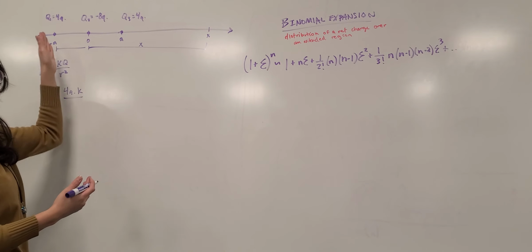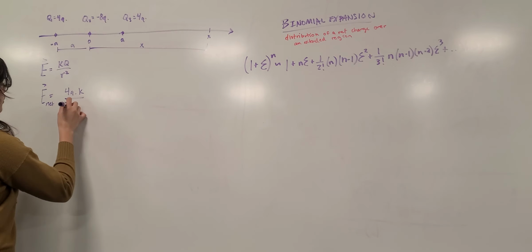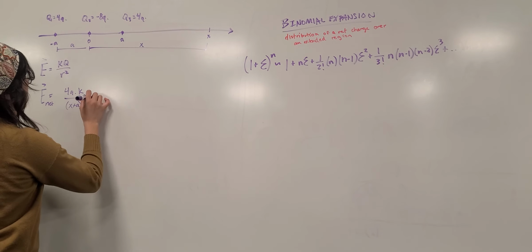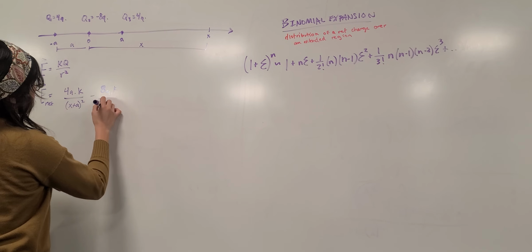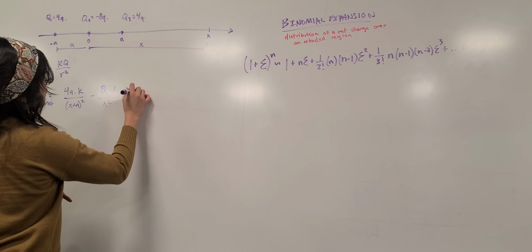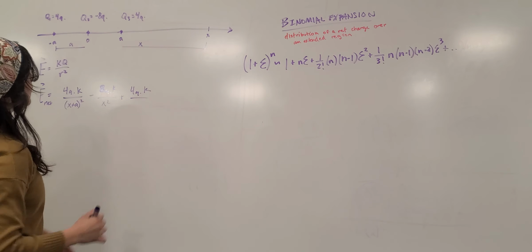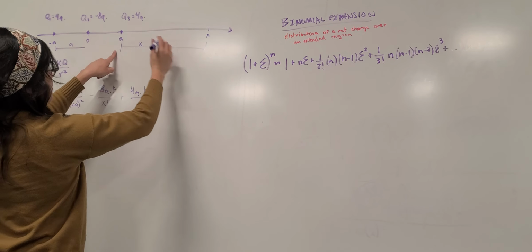Even though it's negative a in position, this extra distance will be a itself. So it'll be 4 q naught k over x plus a squared, minus 8 q naught k over x squared, plus 4 q naught k over this distance, which is just from here to here, so ultimately it'll be x minus a squared.